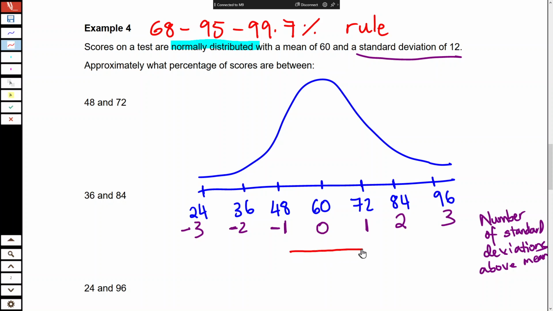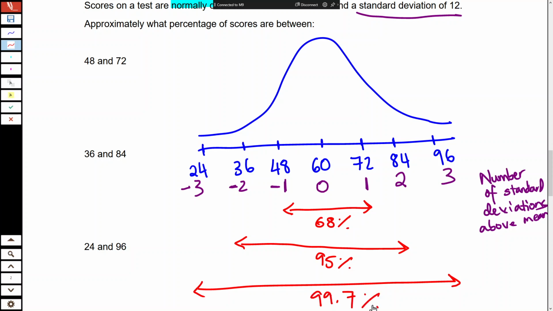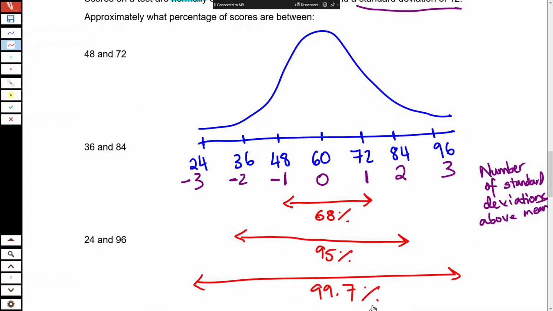So the rule says 68% will lie between -1 and 1. 95% will lie between -2 and 2. 99.7% will lie between -3 and 3. Even if I change the mean and the standard deviation.